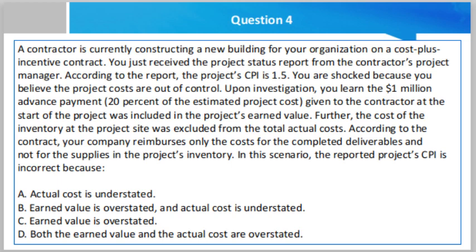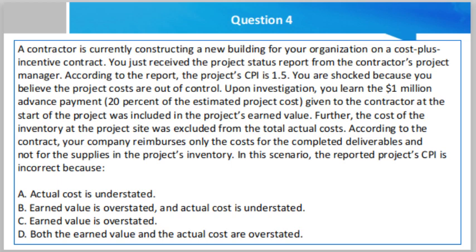Upon investigation, you learn the $1 million advance payment, 20% of the estimated project cost given to the contractor at the start of the project, was included in the project earned value. Further, the cost of the inventory at the project site was excluded from the total actual cost.